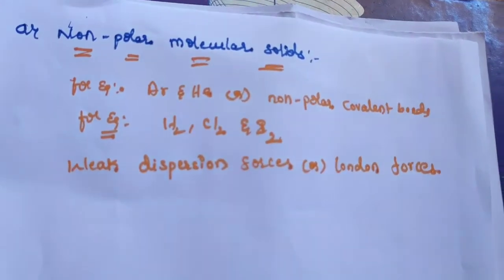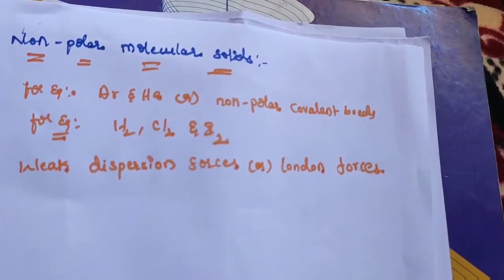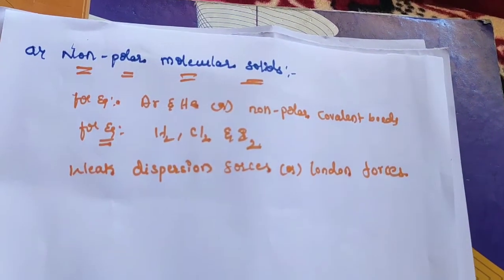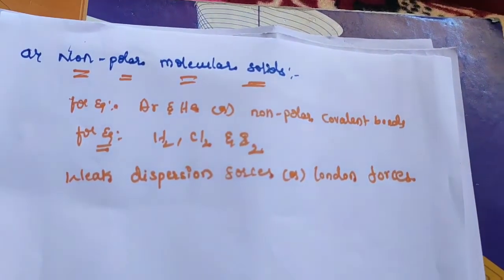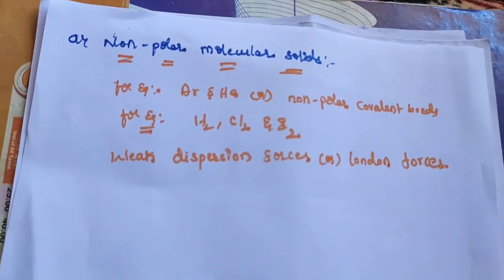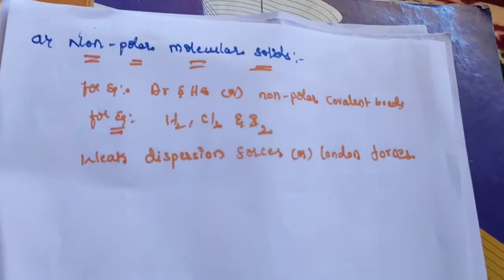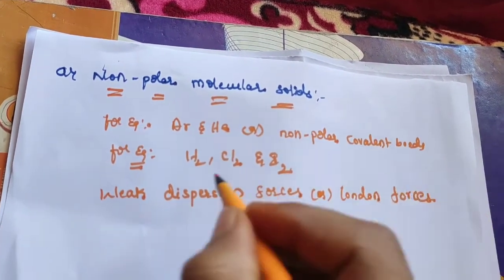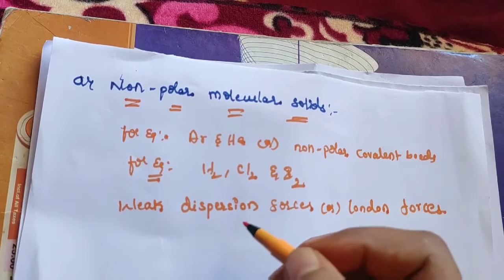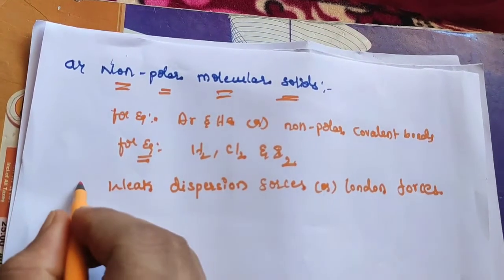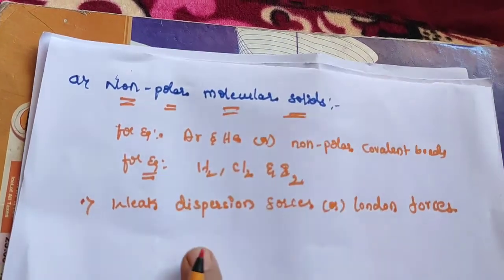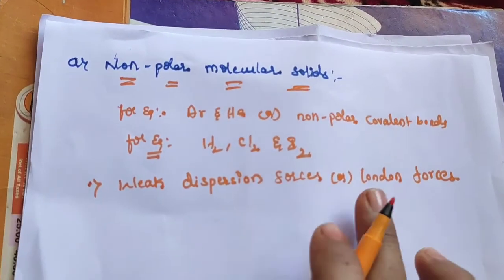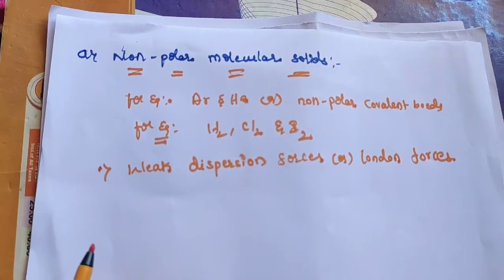So nonpolar molecular solids involve atoms like argon and helium, or molecules with nonpolar covalent bonds like H2, Cl2 and I2, held by weak dispersion forces, also known as London forces.